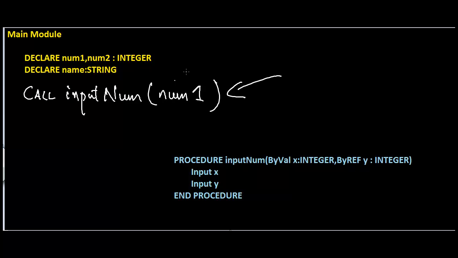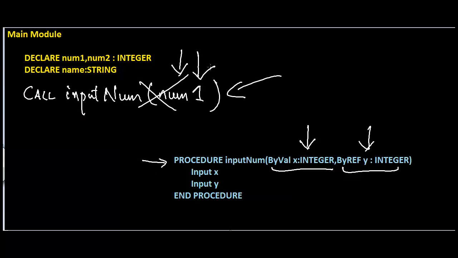And the answer is that this is not going to be accepted by the compiler, because we are only passing a single parameter, whereas here we are expecting two parameters. In the definition we are expecting how many parameters? Two. So this procedure is expecting two parameters and we are only passing one parameter. So this is also going to be rejected by the compiler. So this is not a valid call.